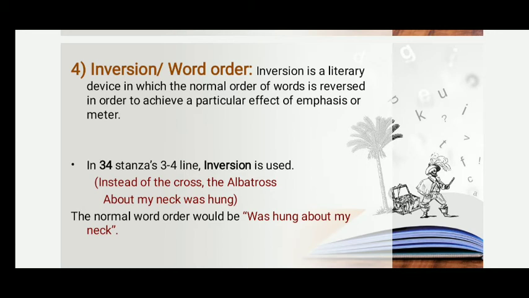In stanza 34, third and fourth line, inversion is used. Let's see. Instead of the cross, the albatross about my neck was hung. So here the normal word order would be, was hung about my neck.